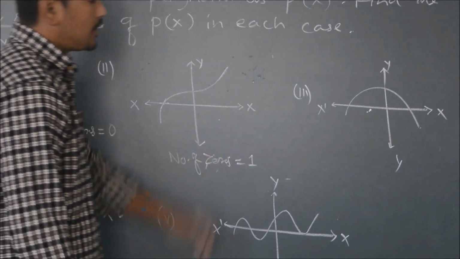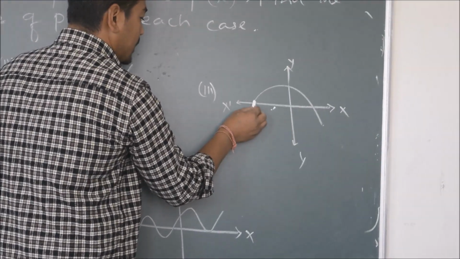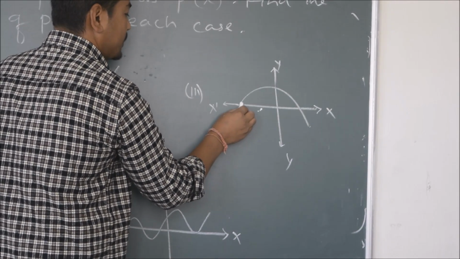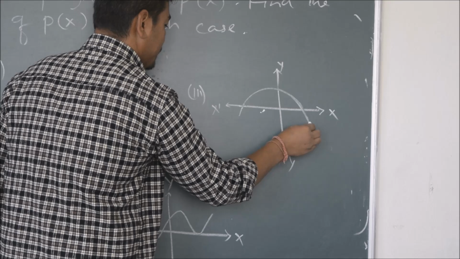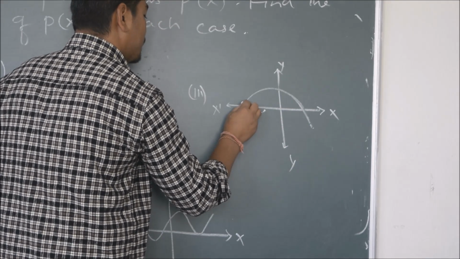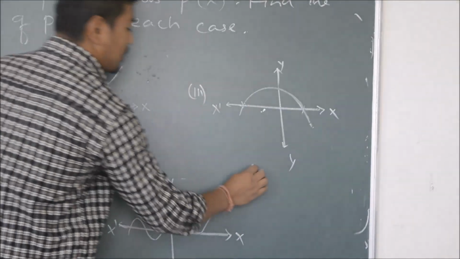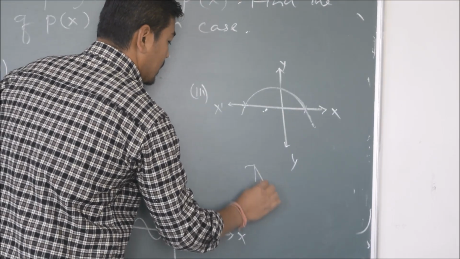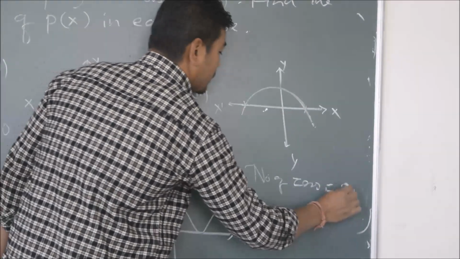Let's come to the third one. This graph cuts the x-axis here one time, and again a second time. One time, two times. So this polynomial can have 2 zeros.